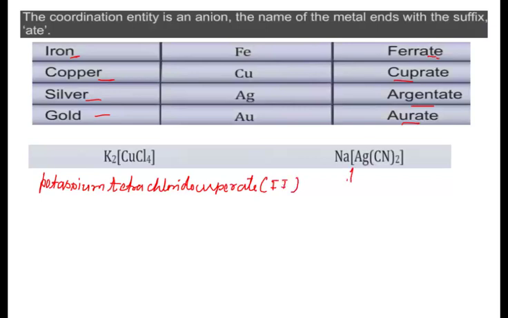In the same manner, for this complex, it will be sodium, then some space is left, then dicyanoargentate, and its oxidation state will be 1. So cuprate and argentate, the focus is on this.